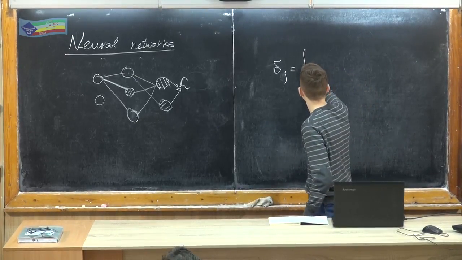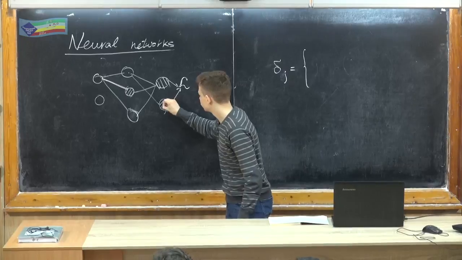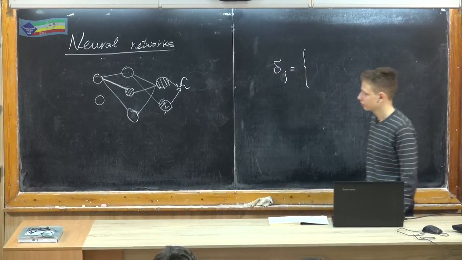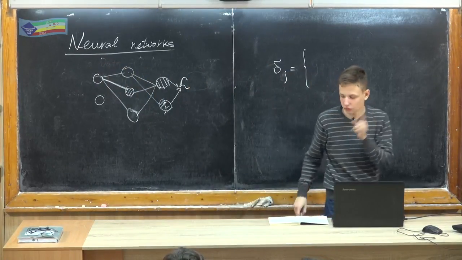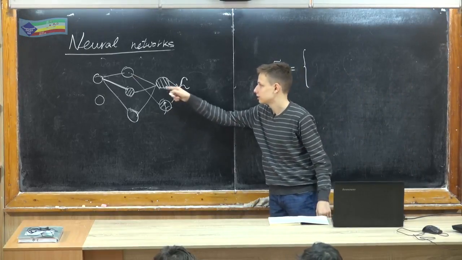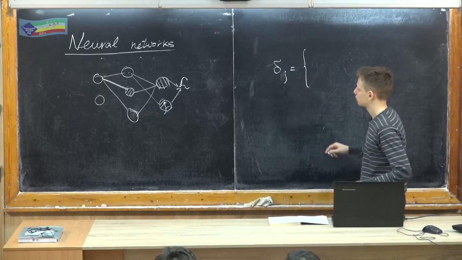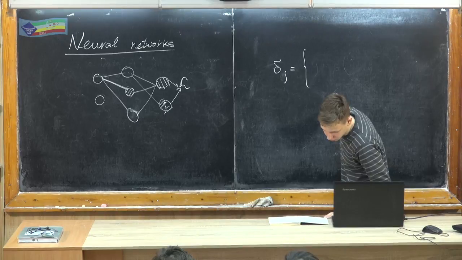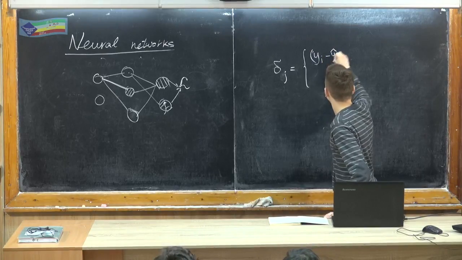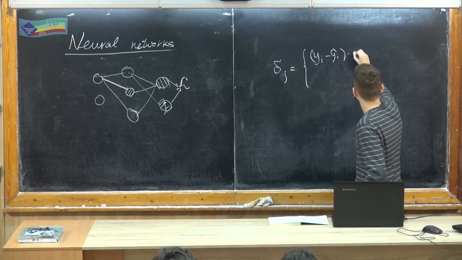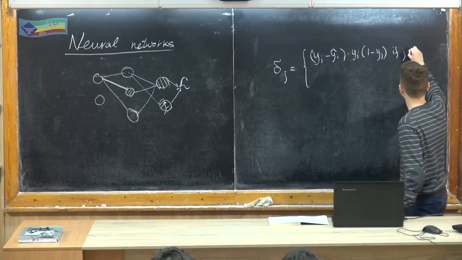So if we have delta for a special neuron j, and j is an output neuron, then we get the same results that we got 10 minutes ago using the chain rule. And we get that it's just equal to yj minus desired output, multiplied by yj, multiplied by 1 minus yj, if j is an output.